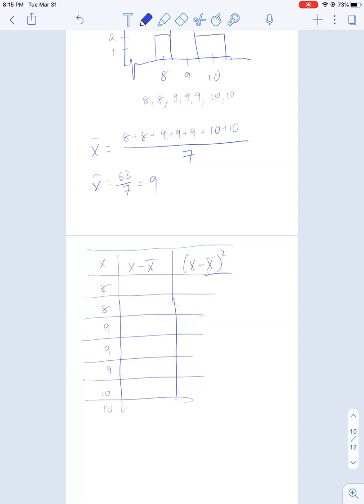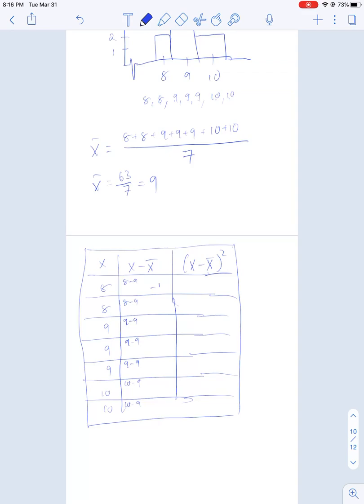Right, so you can always do it the same way. As you continue, you might find some tricks or some other ways to do it, but this will always work. And we do 8 minus our 9, 8 minus our 9, 9 minus our 9, 9 minus our 9, 9 minus our 9, 10 minus our 9, 10 minus our 9, right?